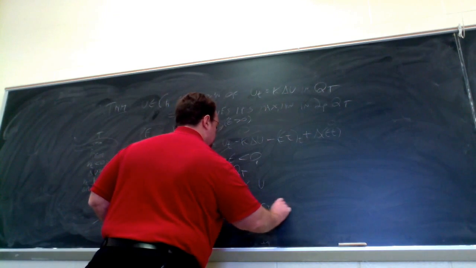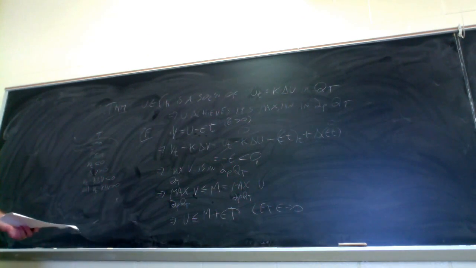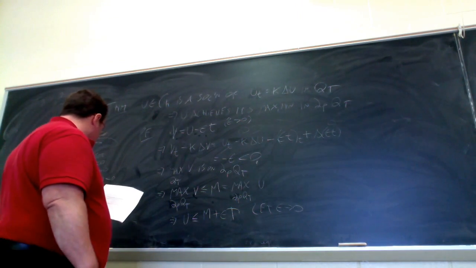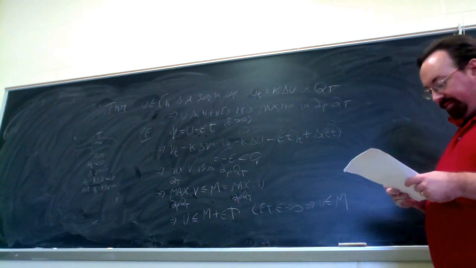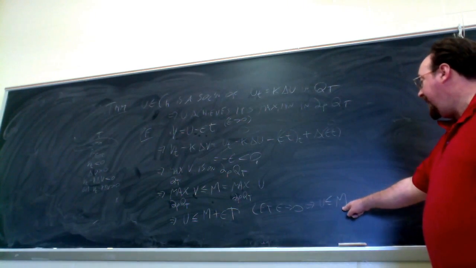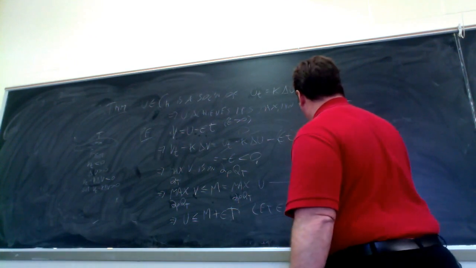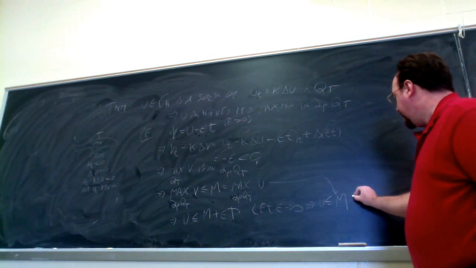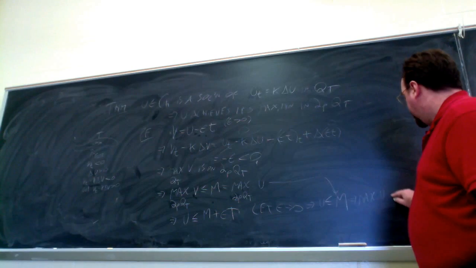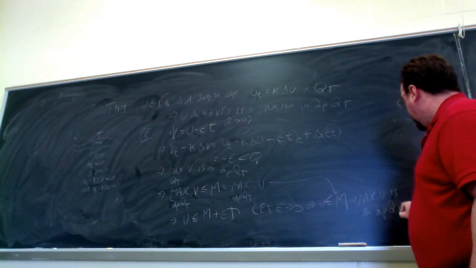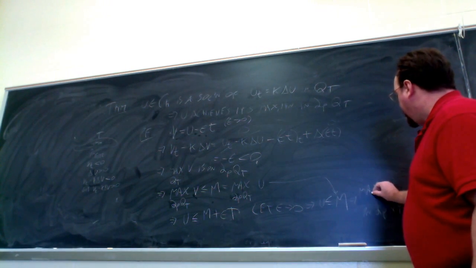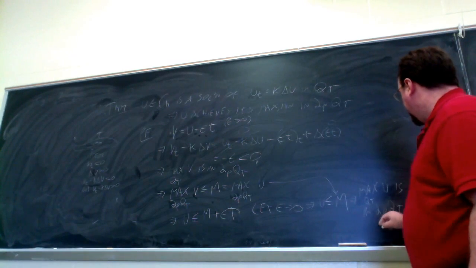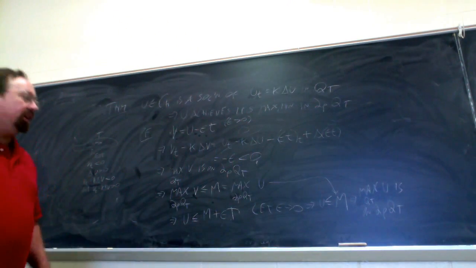So let epsilon go to 0. That gives us that u is less than or equal to capital M. But since M is the maximum on the parabolic boundary, that's where the maximum of u, I should say the maximum over the whole domain of u, must occur on the parabolic boundary.